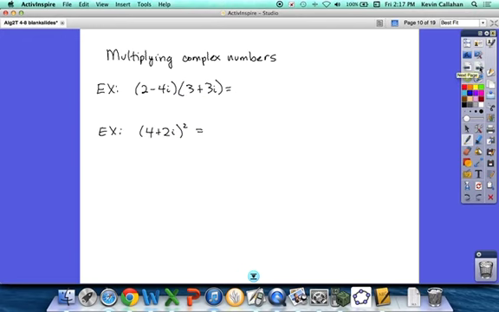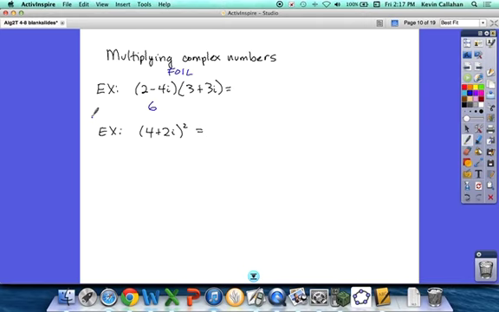Okay, multiplying complex numbers. How do we normally multiply a binomial times a binomial? We usually say FOIL, right? And FOIL is what we're going to do here too. All right, so let's see. The first term is going to be 2 times 3, which is 6.